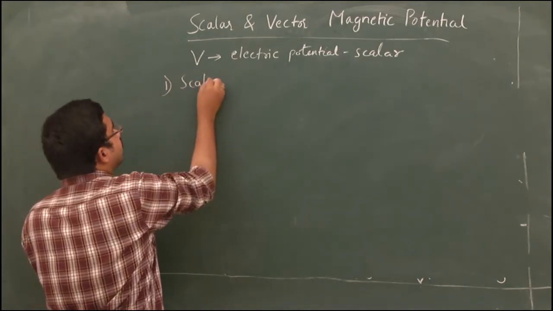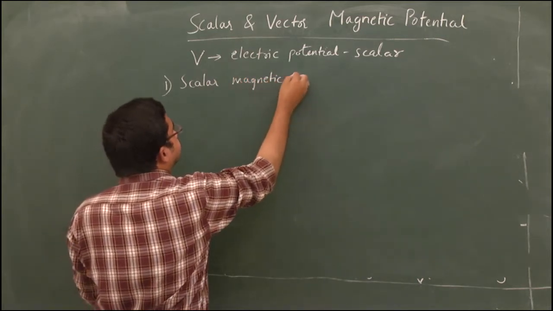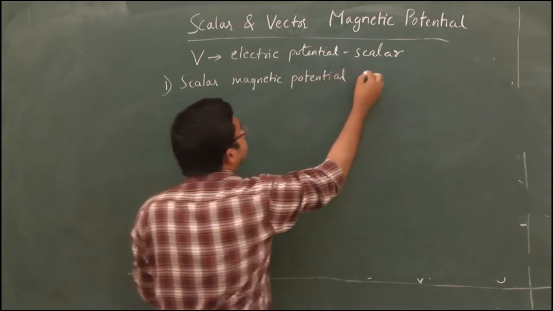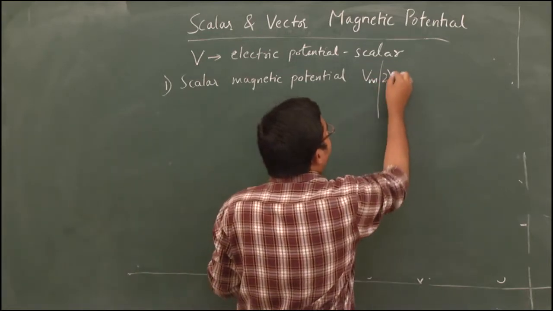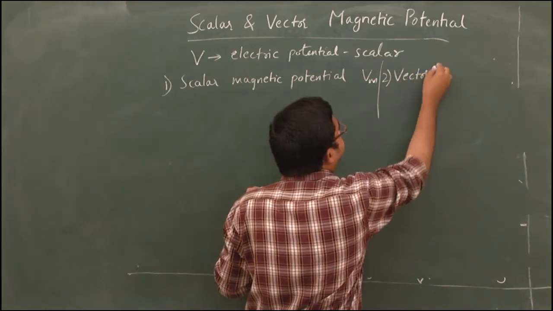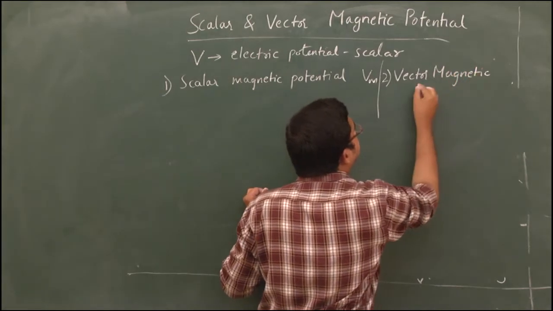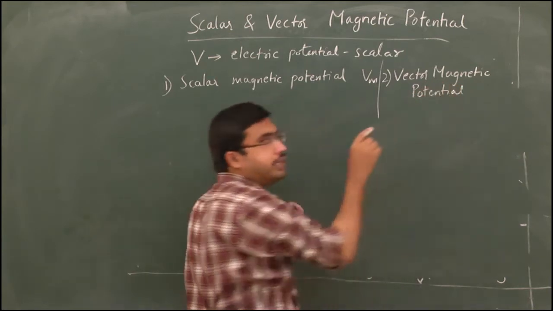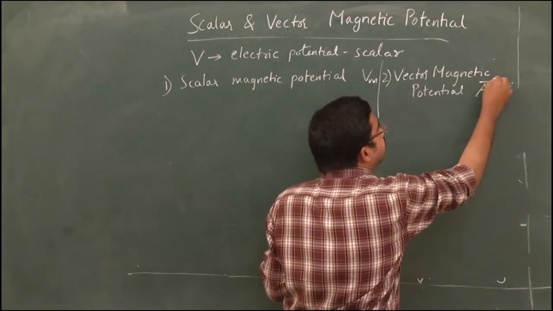First one is scalar magnetic potential Vm, and second one is vector magnetic potential. Vector means it should be denoted with a bar on its head, and it is denoted as A bar.